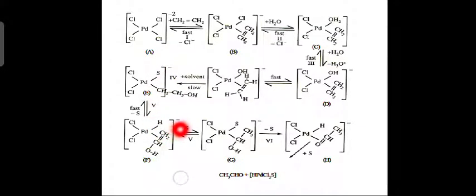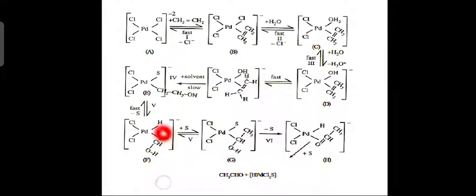You get one H plus. Here H will add, so CH2 and then CHOH, one H will go from here to here. Then solvent is removed, minus S. Once again solvent will add here in the fifth step. You can see here solvent will add, CH2 will become CH3 CHOH.